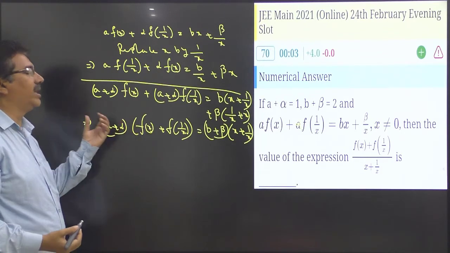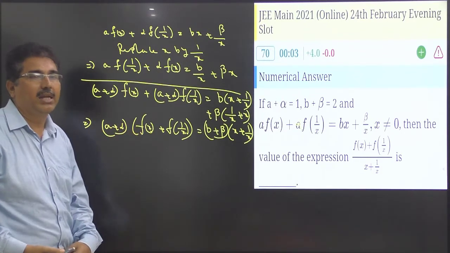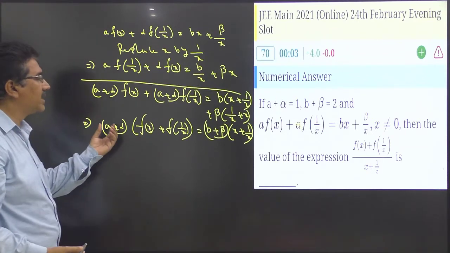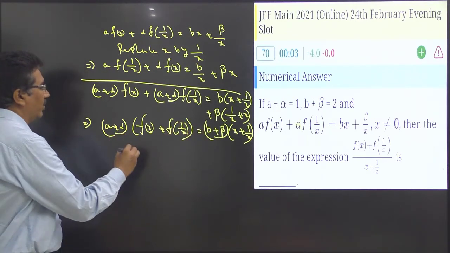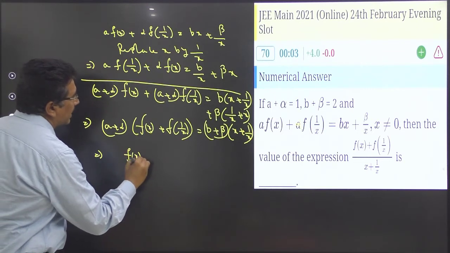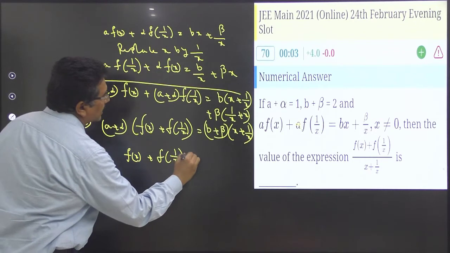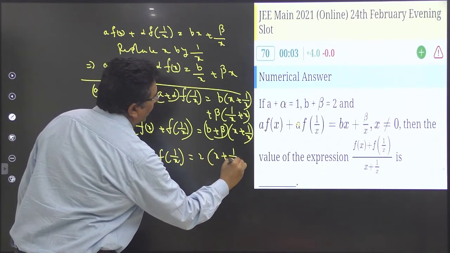Here it is given that a + alpha = 1 and b + beta = 2. That implies f(x) + f(1/x) is equal to 2 times (x + 1/x).